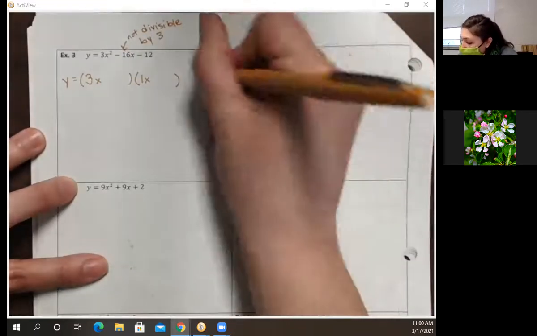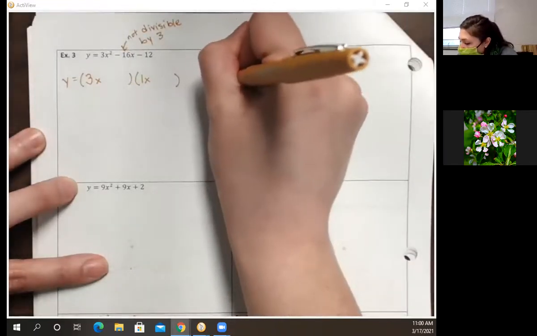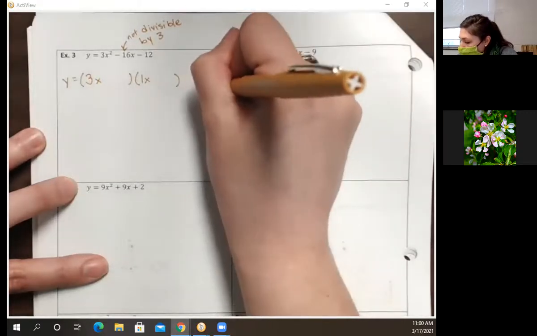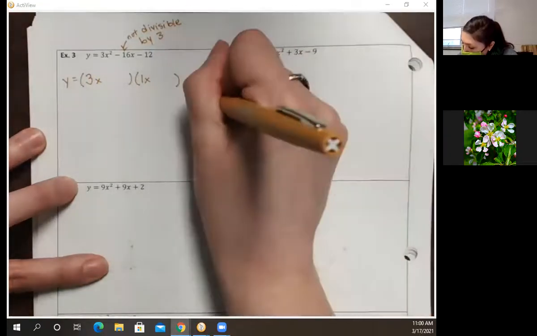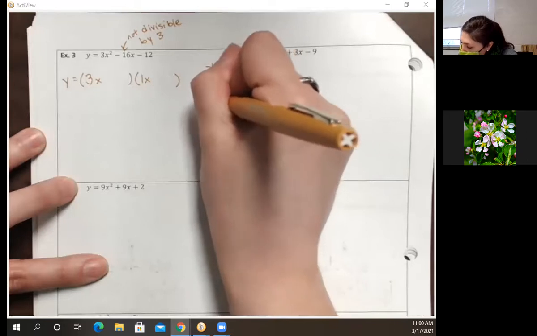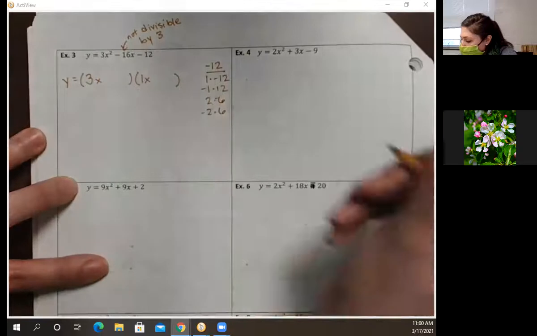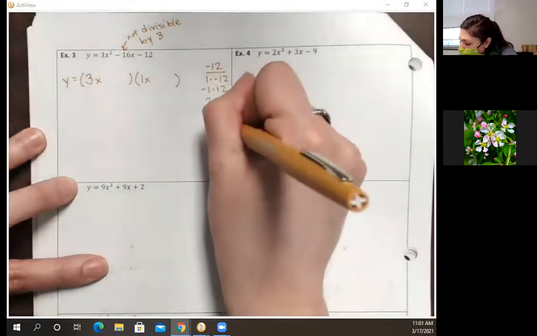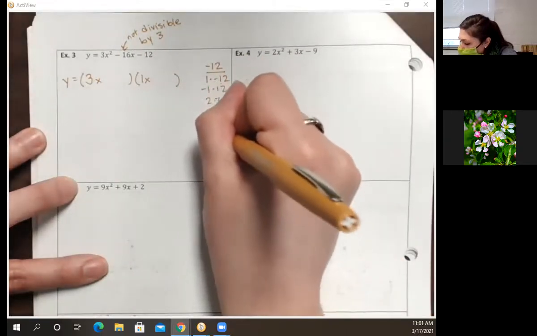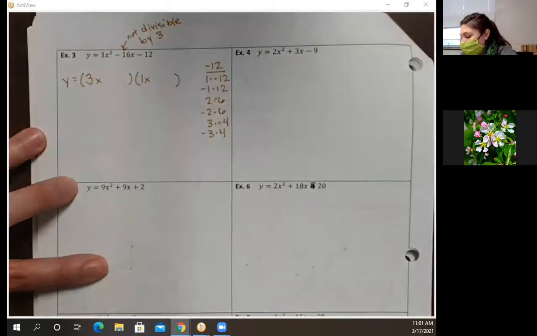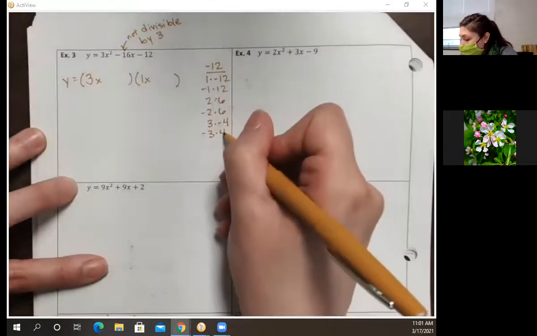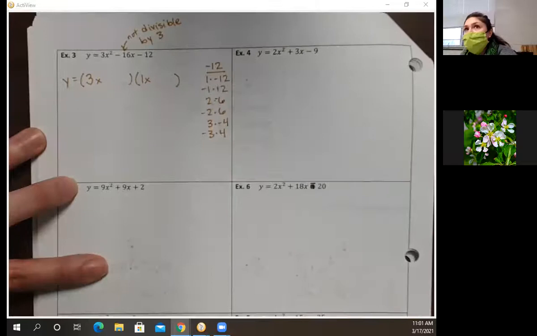So -12 could be 1 times -12, or -1 times 12, 2 times 6, 2 times -6, or -2 times 6, 3 times -4, or -3 times 4. My next factor would be 4, but I've already got those listed. So that's my whole list.